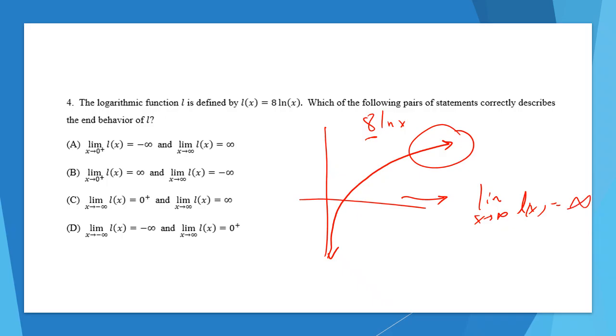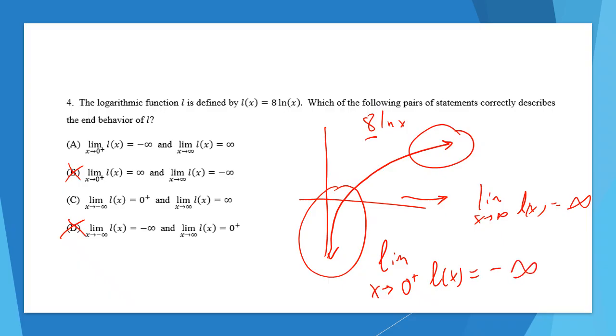That means we can narrow it down to either A or C. Then the next one is the left tail. This is the limit as x approaches not negative infinity, but 0 from the right-hand side of L of x. This approaches negative infinity because it goes down forever. And so A should be the correct answer there.